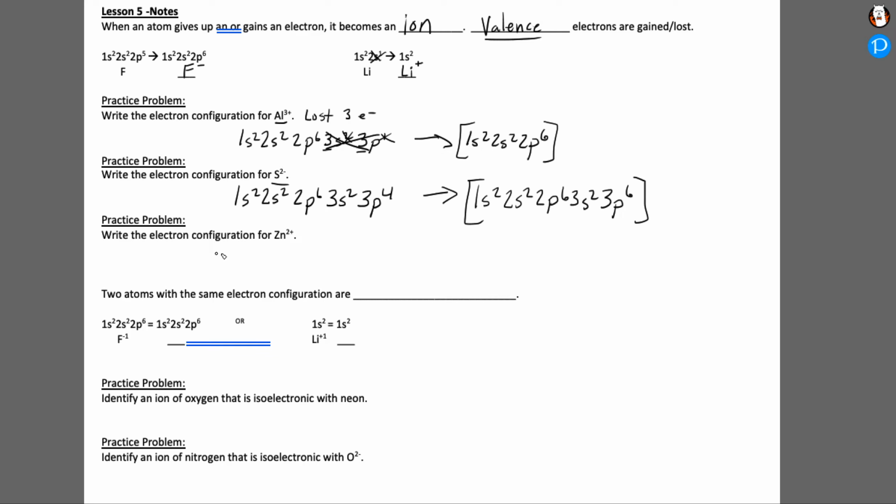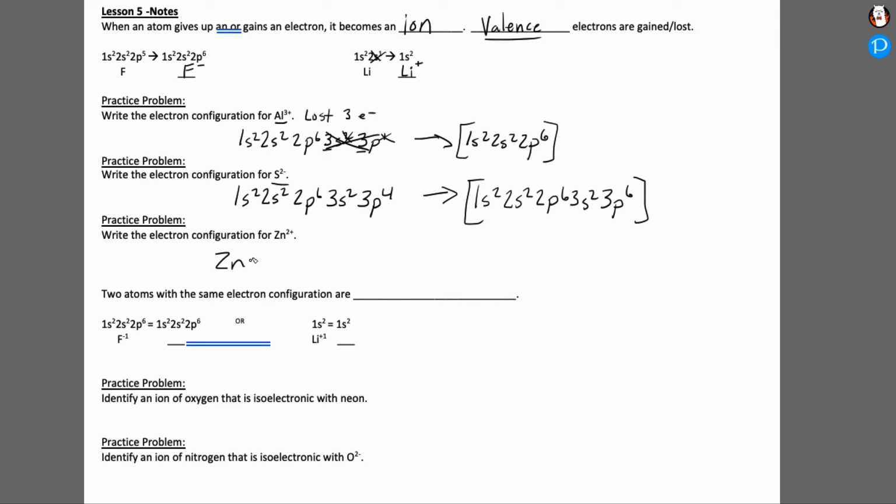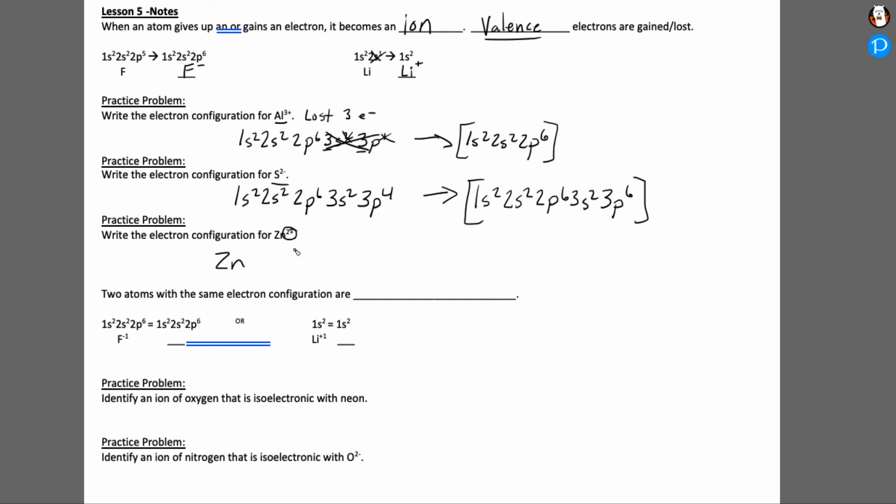For zinc, this is the one I cannot remember. I believe zinc is right here on the periodic table. And so if we were to write the electron configuration for zinc 2+, let's do the noble gas configuration because I don't want to write out the full one here. So we said that this one would be argon. So we're going to go argon in brackets.